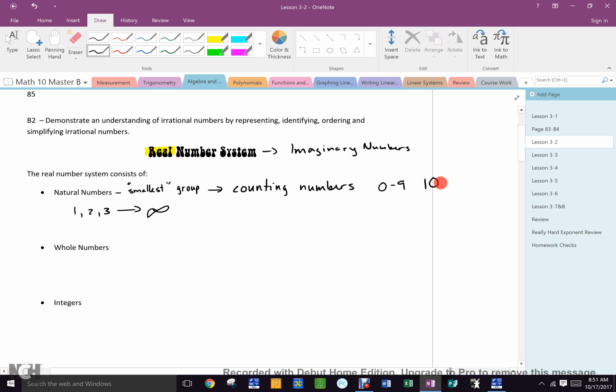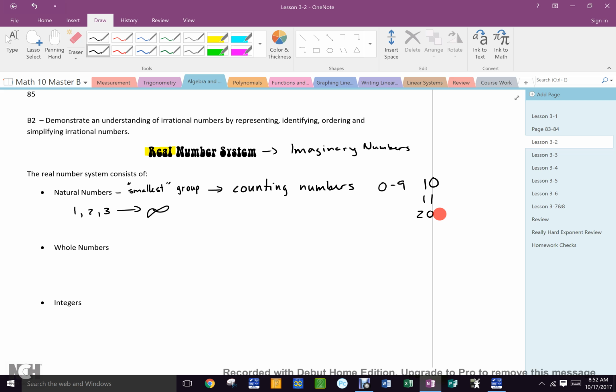And then we start counting again. One group of 10 with 1 left over. That's 11. Until we get up to 19. And then what do we get? 2 groups of 10 with 0 left over. That's how we count. Now, oddly enough, that is not the most widely used counting system in our world.